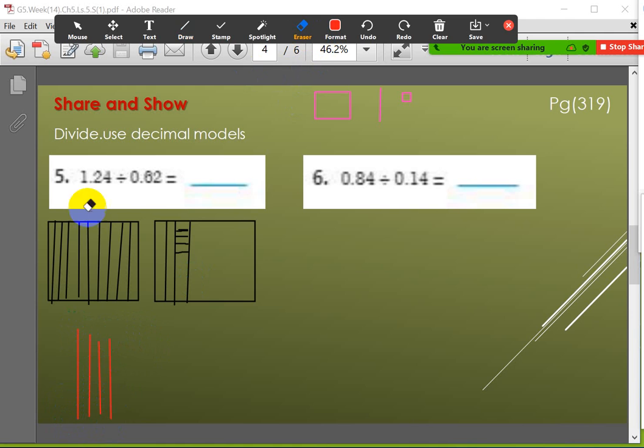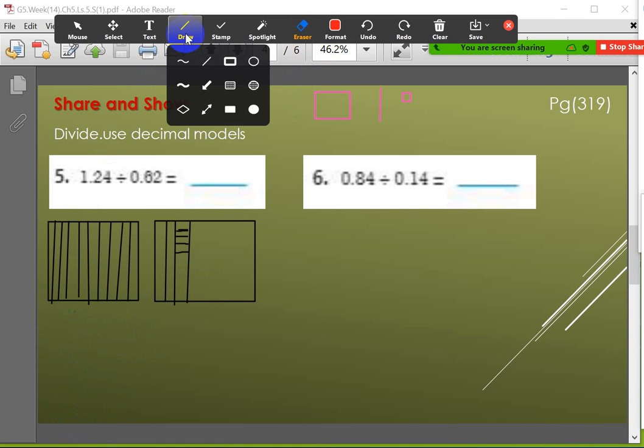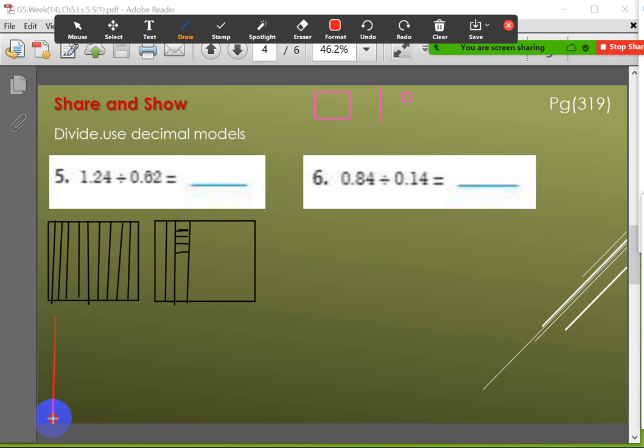Okay, I will count it again, I'm sorry. 1, 2, 3, 4, 5, and 6. 6 longs and 2 what? 2 small cubes or 2 squares. Okay, 1, 2. This is the divisor.